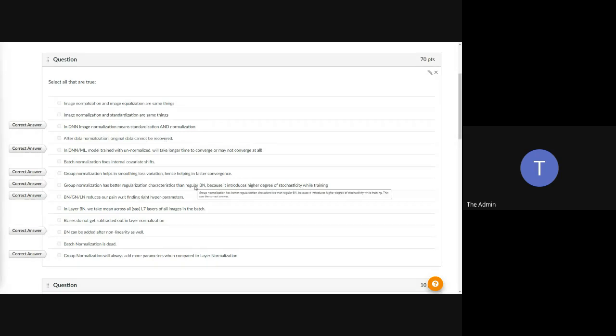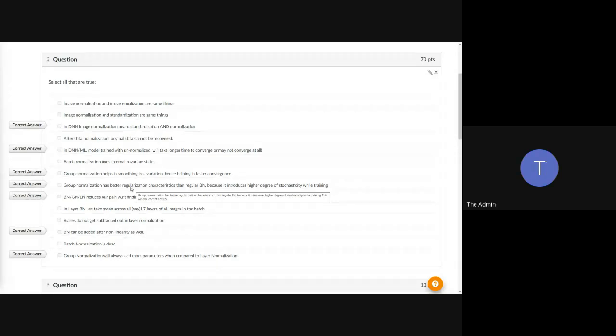Now, batch normalization, I understand we use an LR scheduler. Okay, we'll discuss the LR scheduler also. In DNN machine learning, a model trained with unnormalized data will take longer to converge or may not converge at all. Yeah, this is correct, right? Because that's the whole purpose of normalization. So keep that in mind.